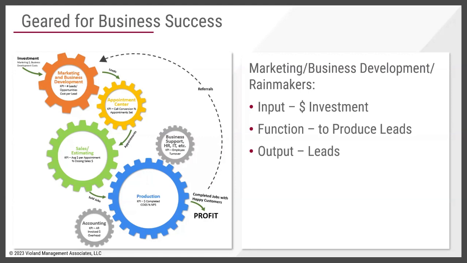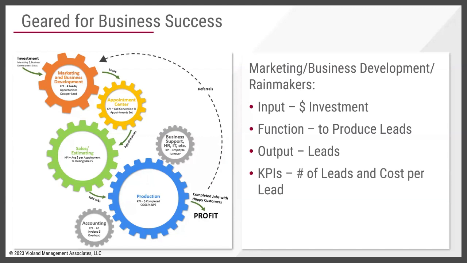So how do we make sure that this function is functioning well? Well, with KPIs. In this particular case, it might be the number of leads that they have generated and the cost per lead. I like cost per lead because it gives an indication of how efficient the gear is being with the investment dollars, not just by the number of leads produced, but by using that investment money well.